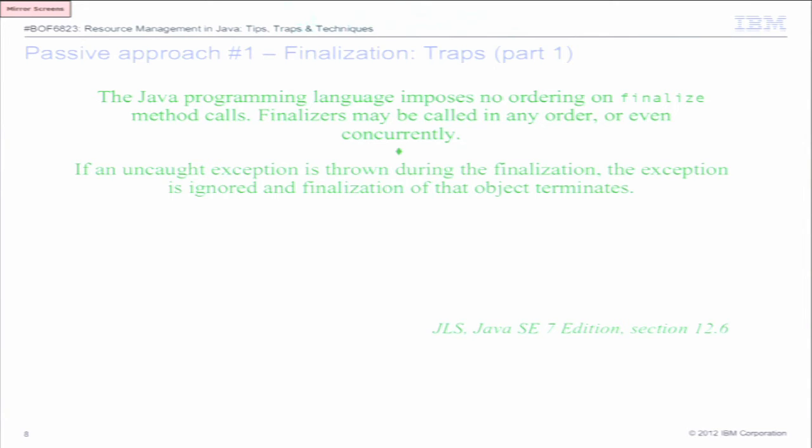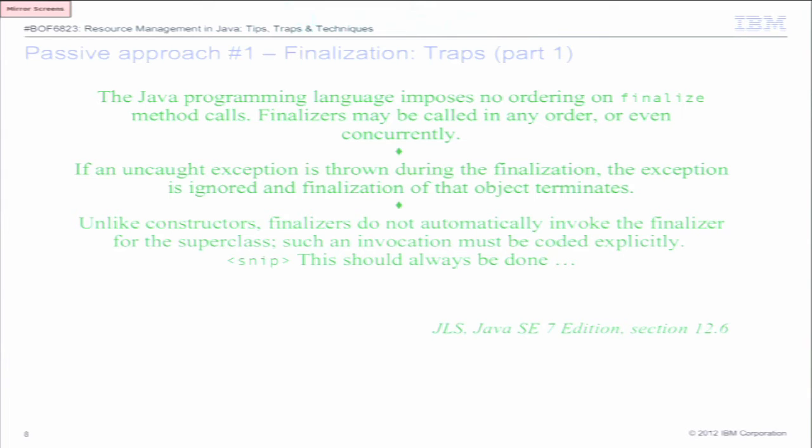So that means that if you have any kind of exception or error that comes out from trying to free off the native resource, and you don't do anything special about capturing it and printing out that exception, then it will be silently eaten by the system, and you'll never get to find out about it until sometime later your application will fall over because it's run out of the native resources.